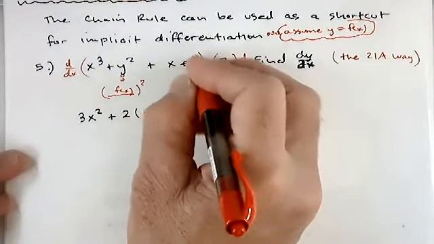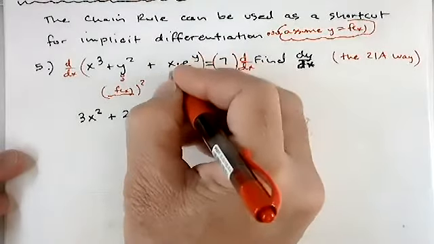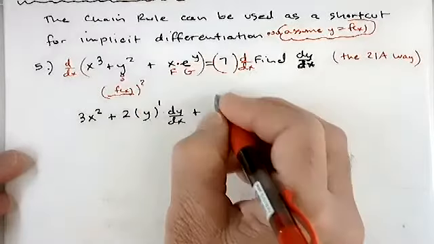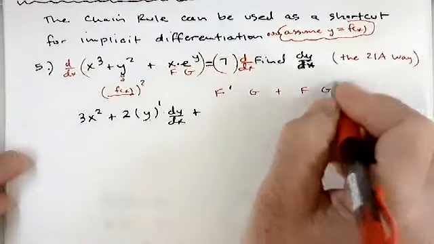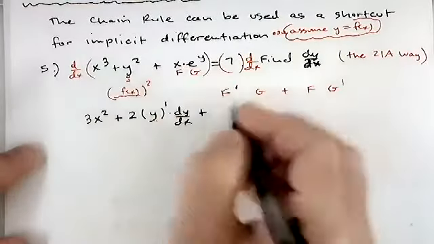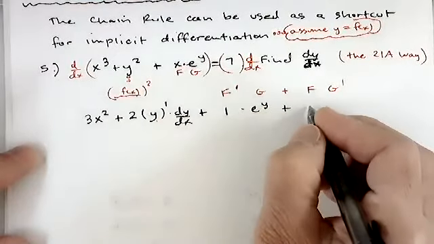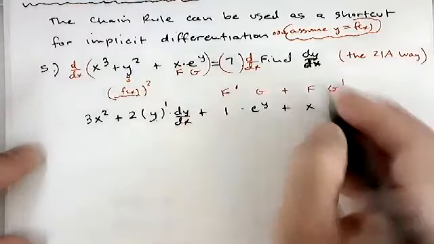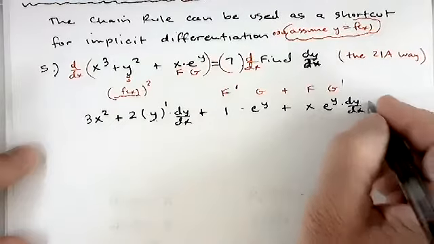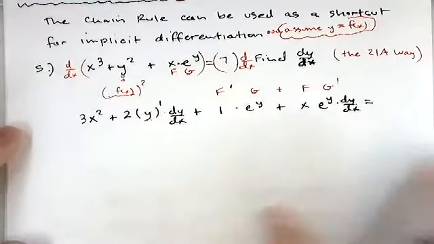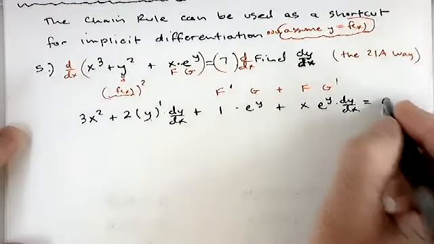But if we're assuming y is a function of x right here, then x times e to some function of x requires a product rule. So we would need an f prime g plus f g prime. The derivative of e to the y would be e to the y, and then we have to multiply by the derivative of y with respect to x. And the derivative of the right side, the derivative of a constant, would just be 0.